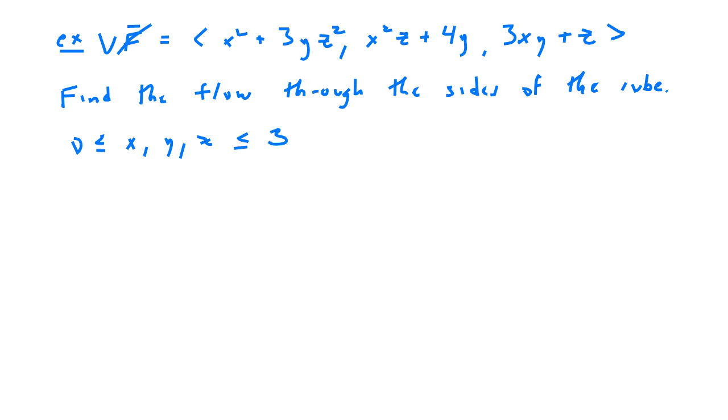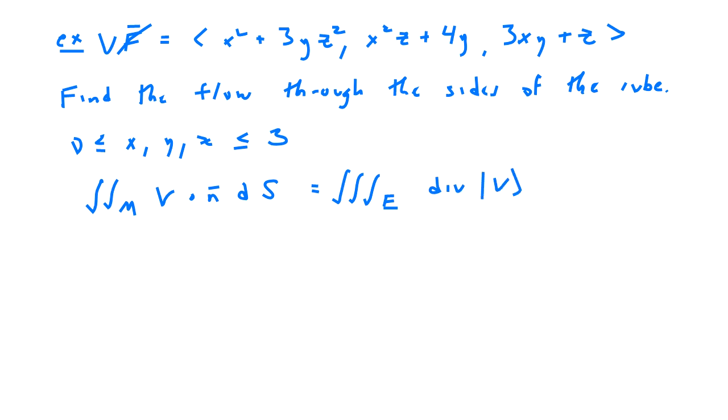So what the divergence theorem says is that what we want, the flow through m of the velocity field, is equal to, I'm going to use this instead of the notation, although it does make it look a little weird, because we have the two V's.